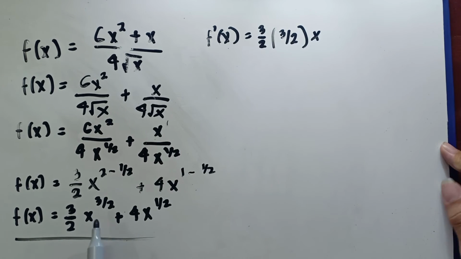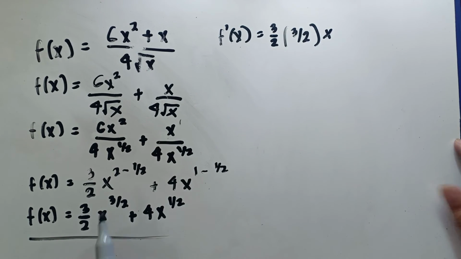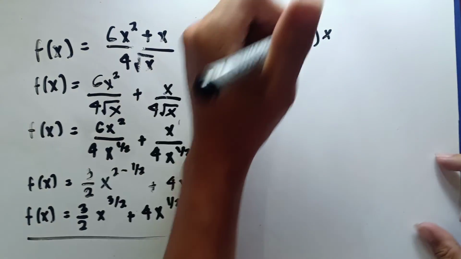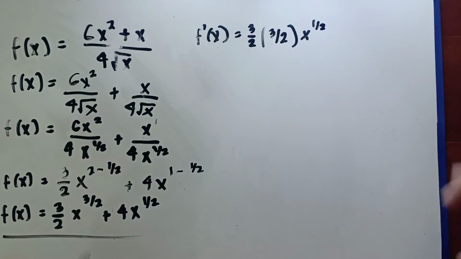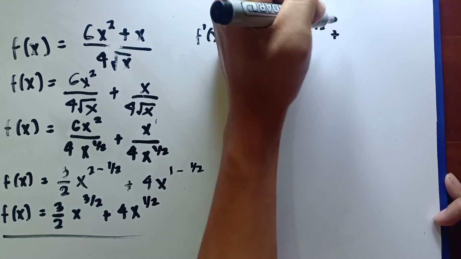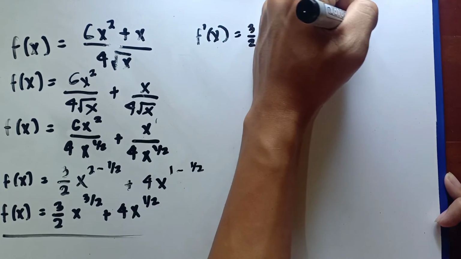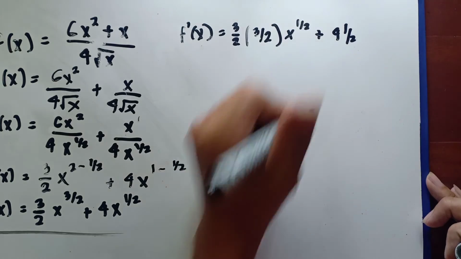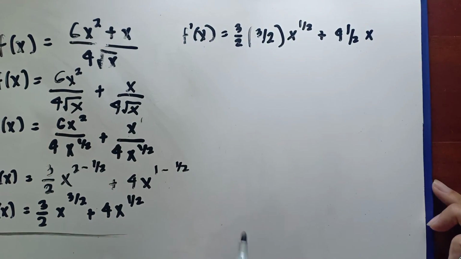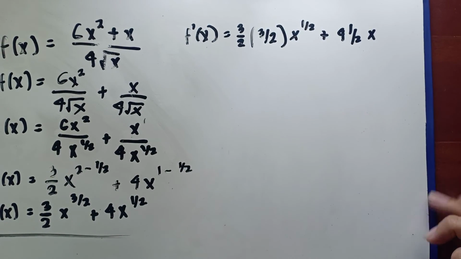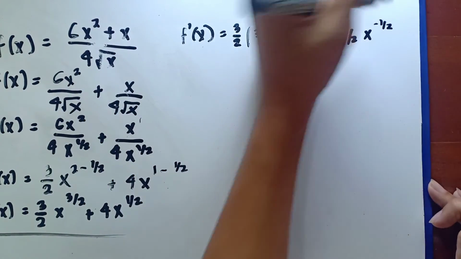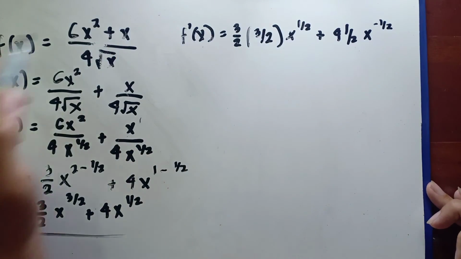And 3 over 2, to convert it into decimal form, is 1.5. So 1.5 subtracted by 1 is just 0.5, which is also 1/2, plus 4 multiplied by 1/2 x, a half subtracted by 1 is just a negative 1/2. So you can simplify now.